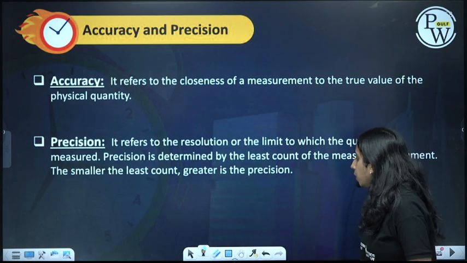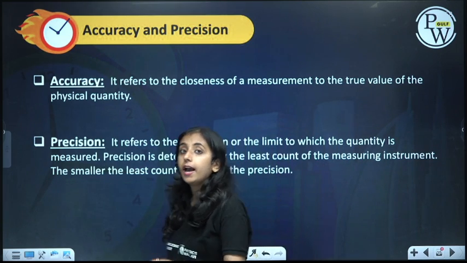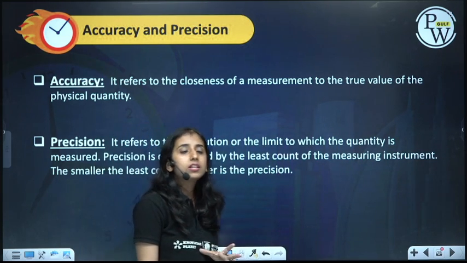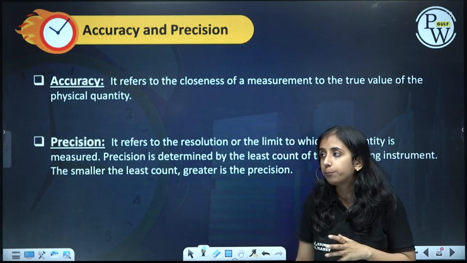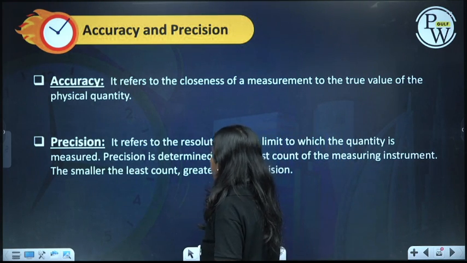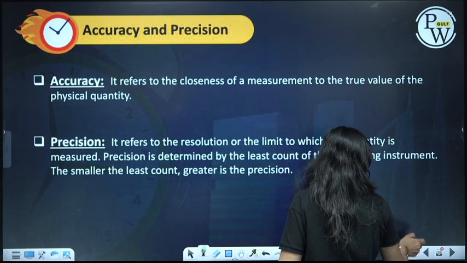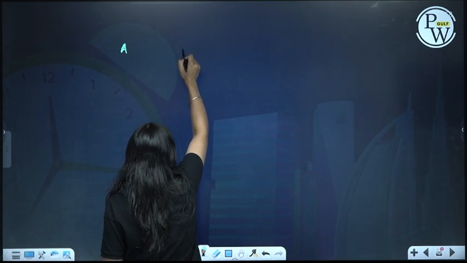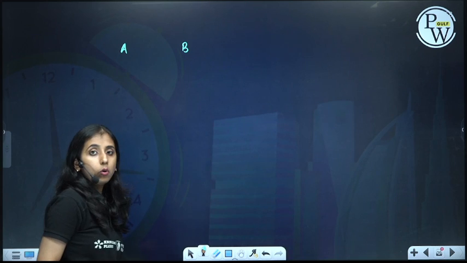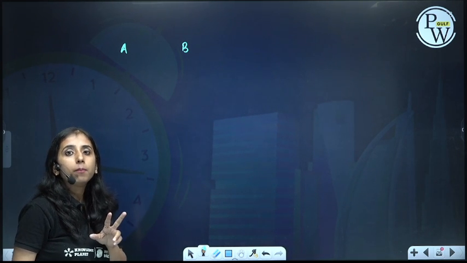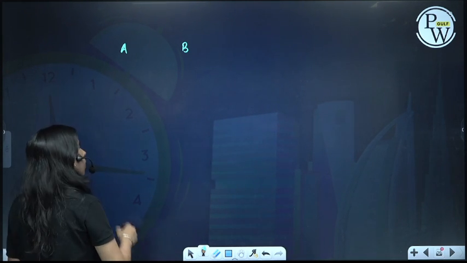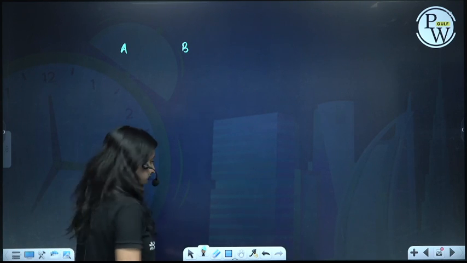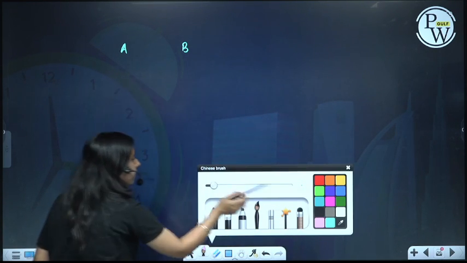Now let us come to accuracy and precision. What is accuracy and what is precision? Suppose A and B students are measuring the length of a rod. Let us take length only, as we have used it in the whole lecture.